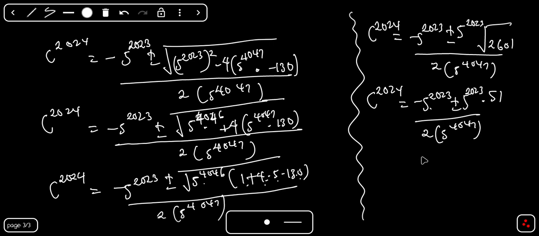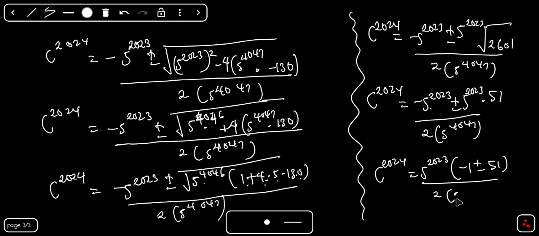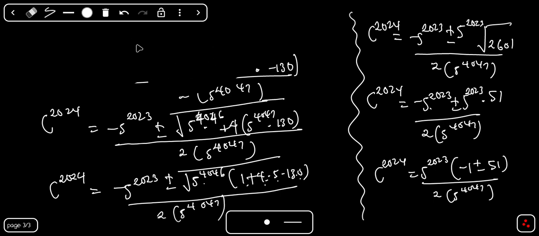We're going to have c raised to the power of 2024 equal to 5 raised to the power of 2023 into brackets minus 1 plus or minus 51, then everything over 2 into bracket 5 raised to the power of 4047. Okay, so let me just clean this part so that we can have some space to work.